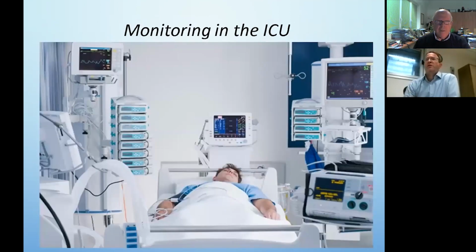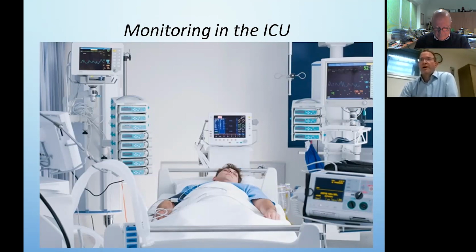Now, for the critically ill patients, continuous monitoring of various hemodynamic parameters such as blood pressure, pulse, saturation, and core temperature is of great importance, with the early response performed by the ICU team for alteration and changes in these parameters.